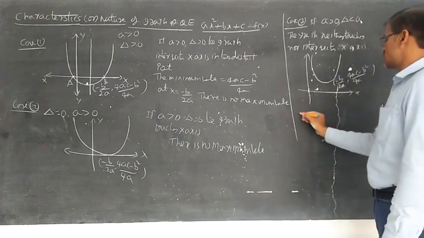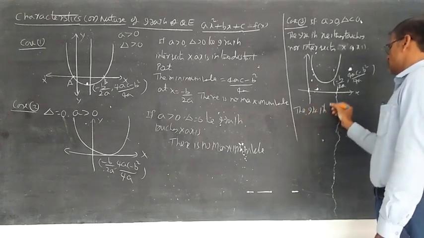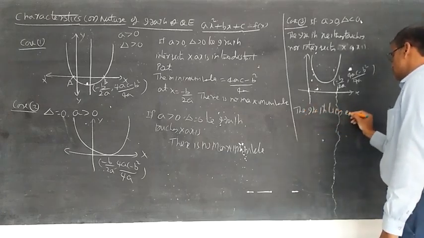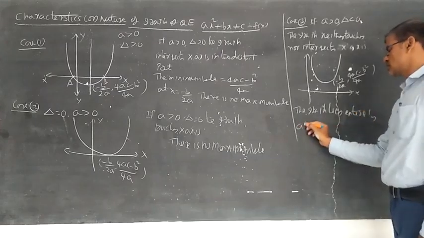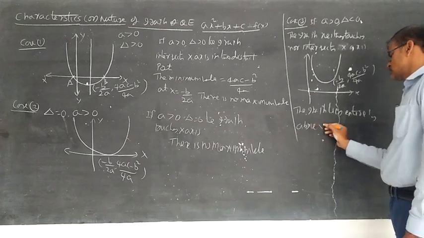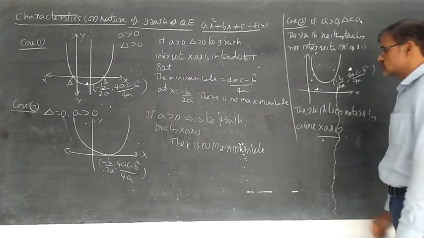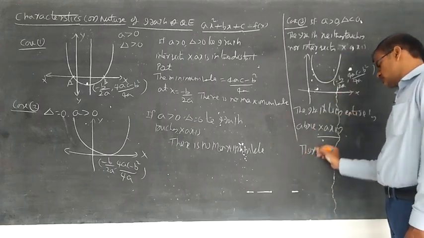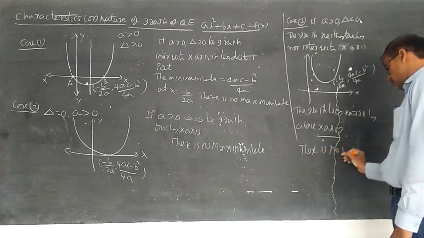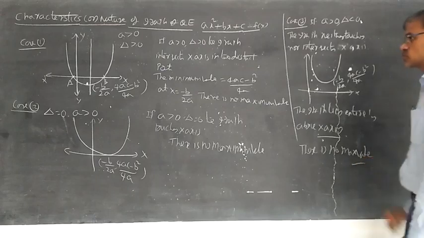Now you can say that the graph lies entirely above the x-axis. There is no maximum value for this curve also.